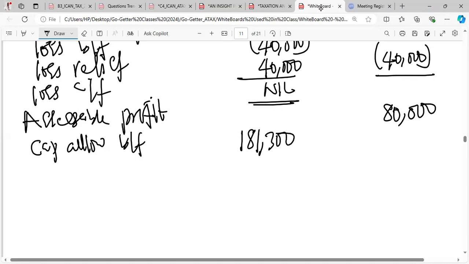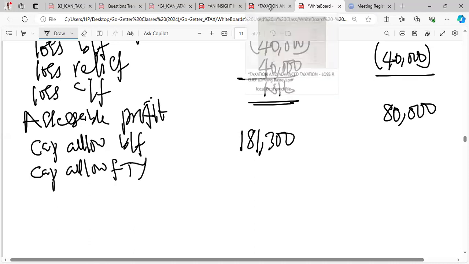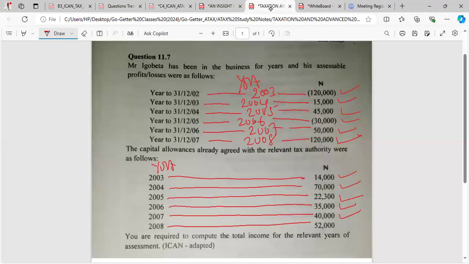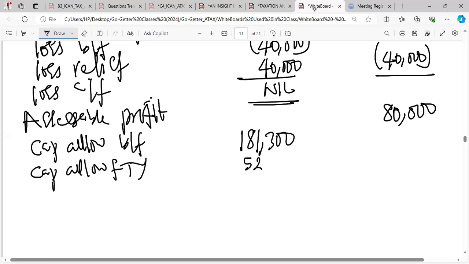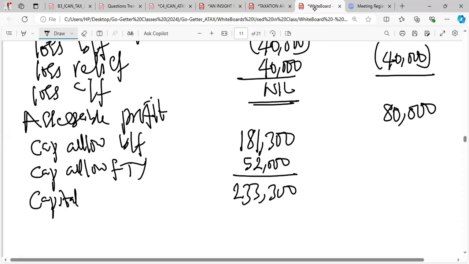Then we have capital allowance for the year, 52,000. When you add them together, this will give me 233,300. So this is capital allowance claimable.